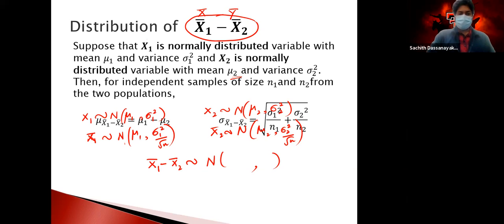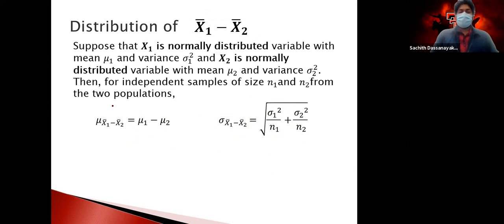Let me erase this. If it is like that, x1 bar minus x2 bar has a normal distribution with mean mu x1 bar minus mu x2 bar, comma, variance or standard deviation right here.